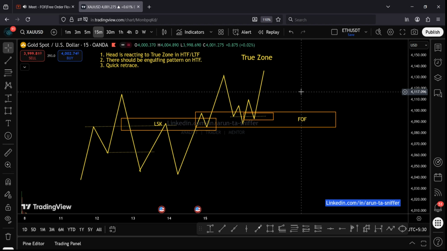You need to go to lower time frame and wait for the PA, and then enter when price returns. You don't take a touch trade in case of FOF. FOF doesn't work as a setup, it always works as a true zone, right?